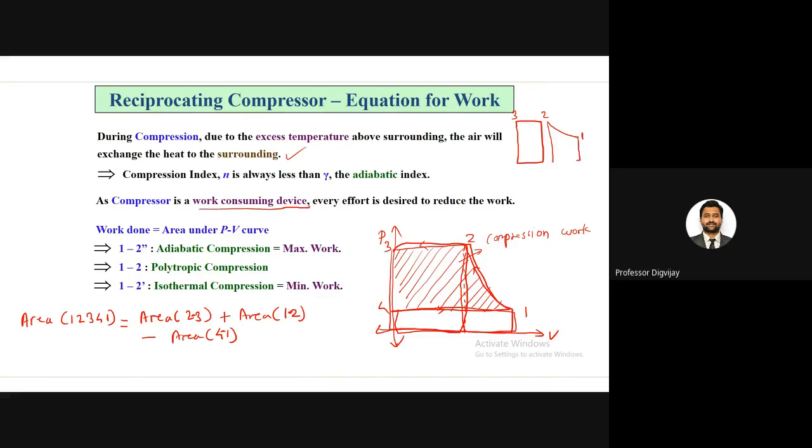So this area I have taken. So this plus this. But I am interested only in the hatch area. This is the hatch area here. So what I will do, I will subtract this below area. So this area I will subtract. That means area under 2 to 3, plus area under 1 to 2, minus area under 4 to 1. So that will give me this hatch area.